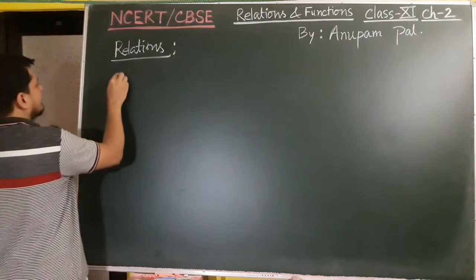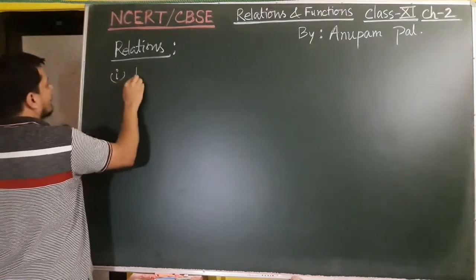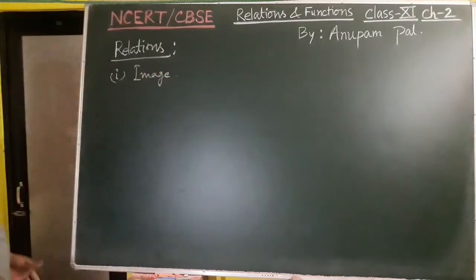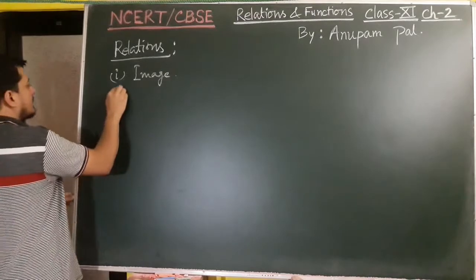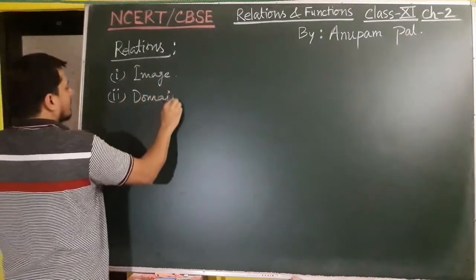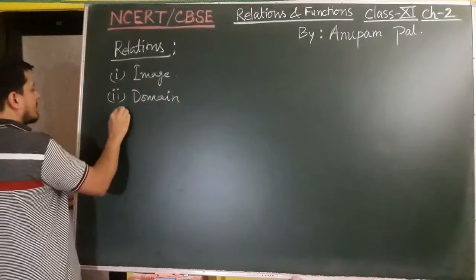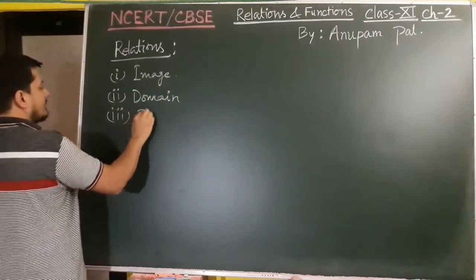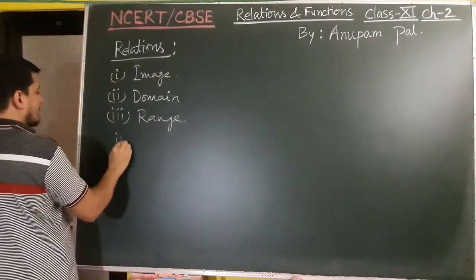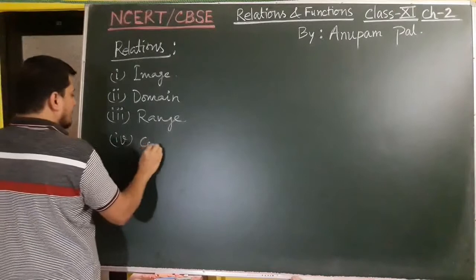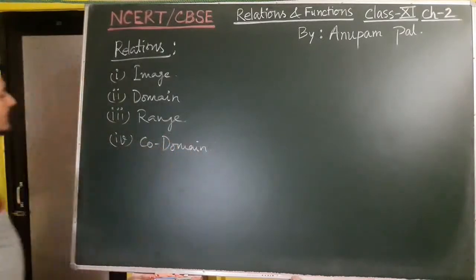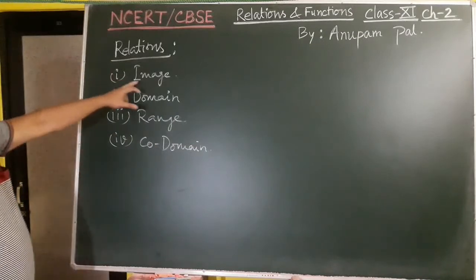The first one is image. Second, we shall look into what is domain. Third, what is range. Then fourth, something called codomain. So we shall now look into what is image.